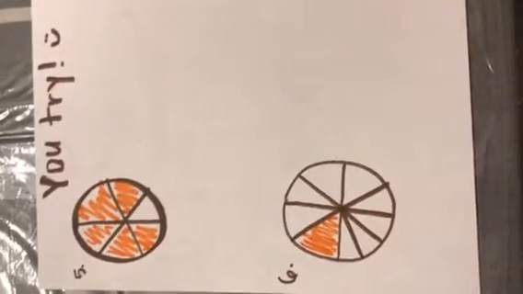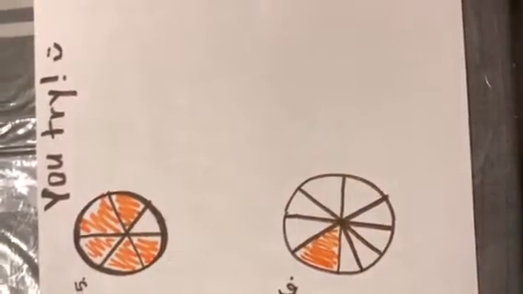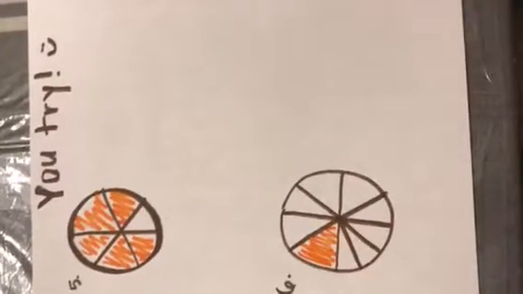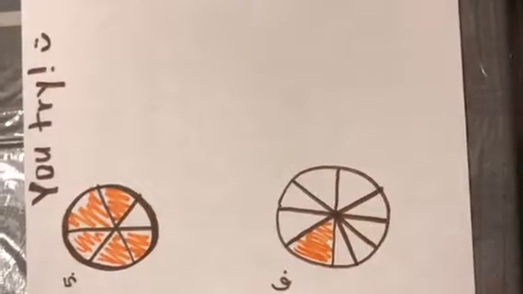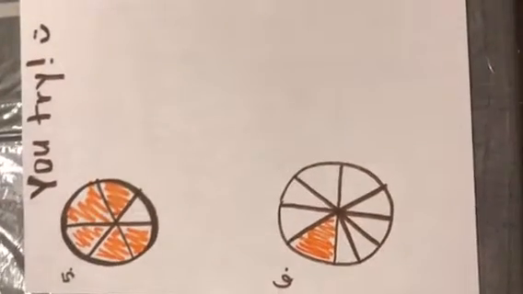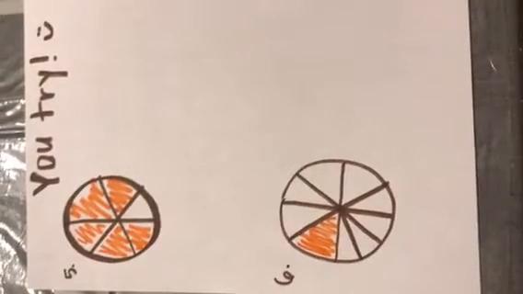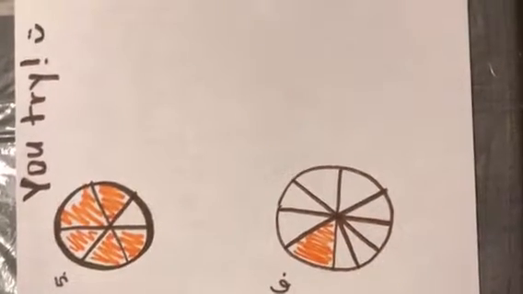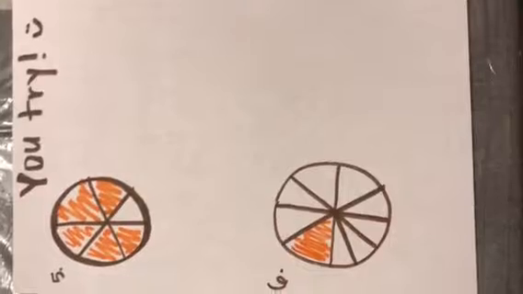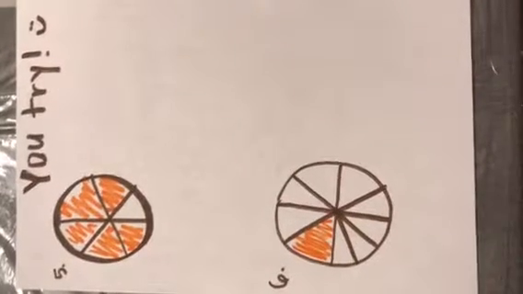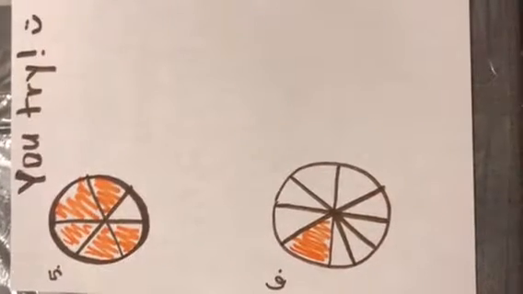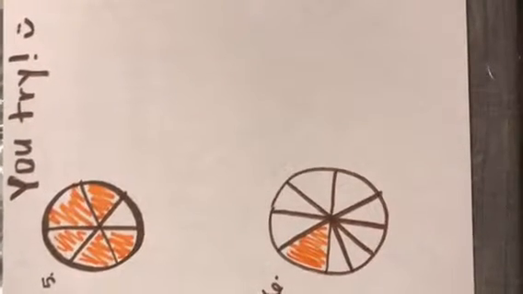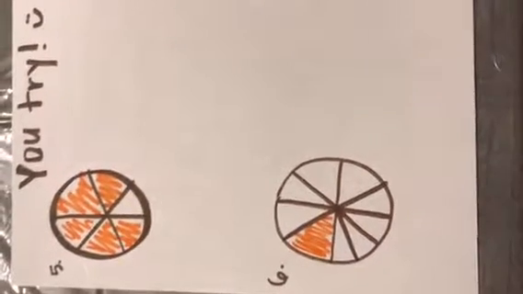Divide by the number of parts. If you need more time to solve, I want you to pause the video. For those of you who are ready, I'm going to go ahead and show you the answers. If you're still working, pause and check the answers when you're done.